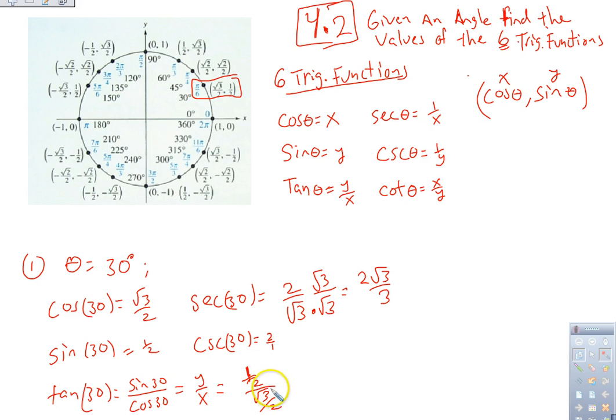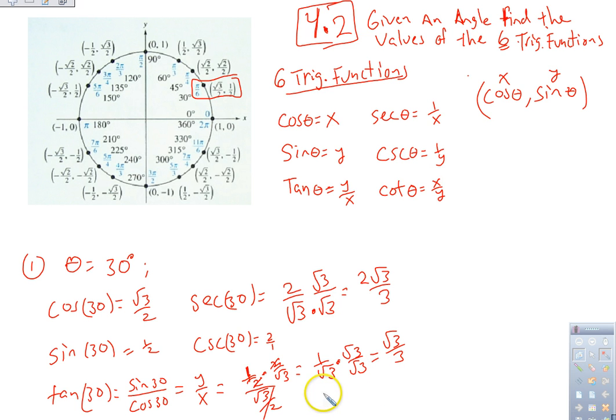The way we simplify these fractions is to take the bottom fraction, flip it over, and multiply. The 2's cancel out here, so we just get 1 over radical 3. So that is the value of tangent. Of course, let's simplify that. We get radical 3 over 3.